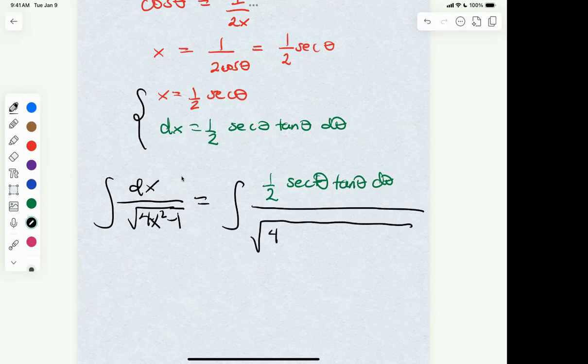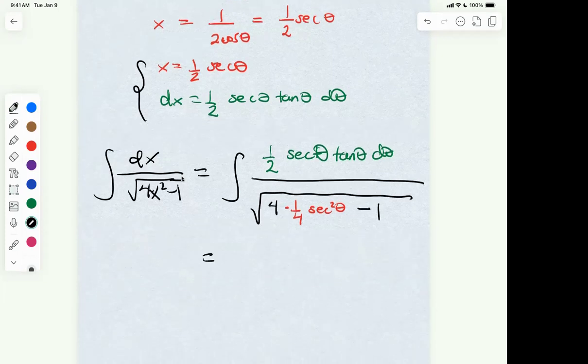So 4 times x squared, which is 1/4 of secant squared of theta, and then minus 1, right? That is what you get if you do the substitution. Okay, so far so good.